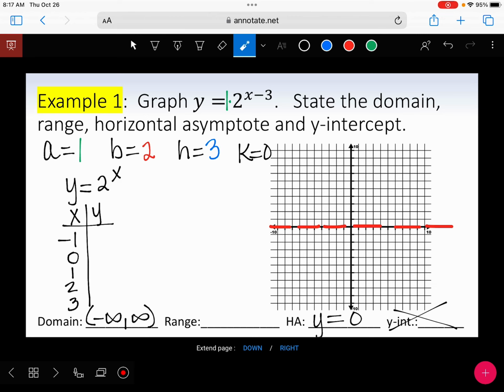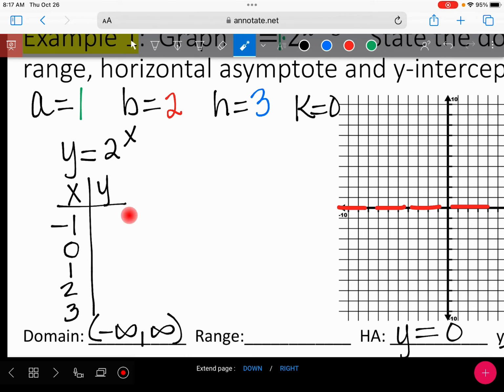So you're typing in your calculator, you're changing the exponent. The base is staying 2. So what you're typing in your calculator is 2 to the -1, 2 to the 0, 2 to the first, 2 to the second, 2 to the third.